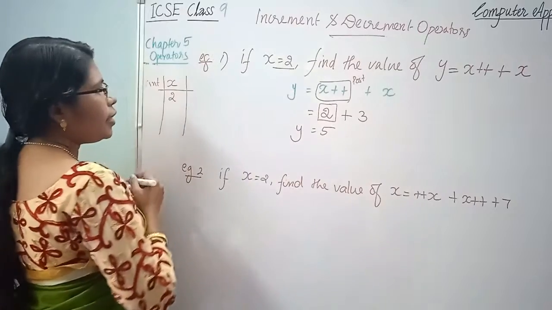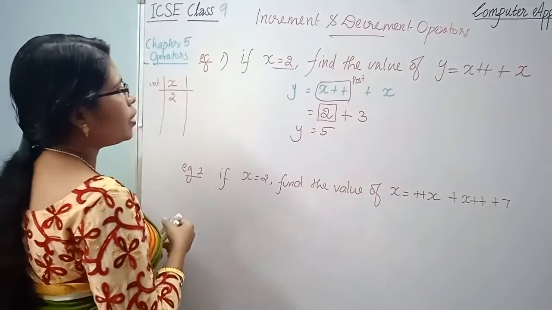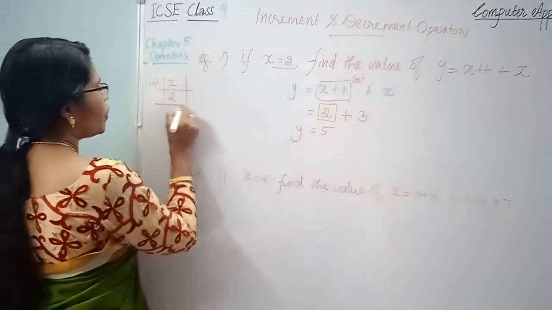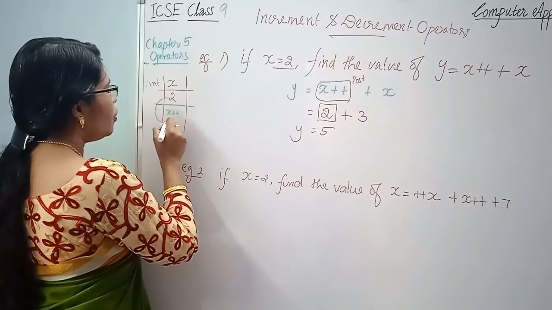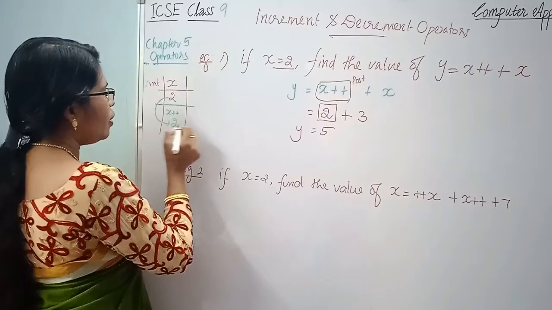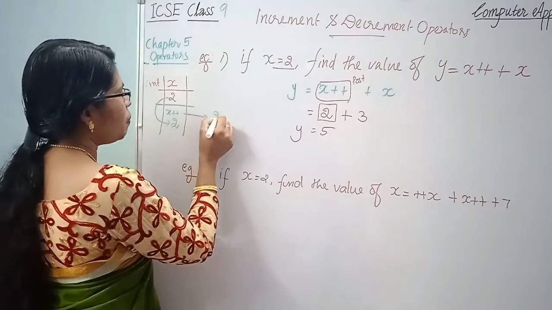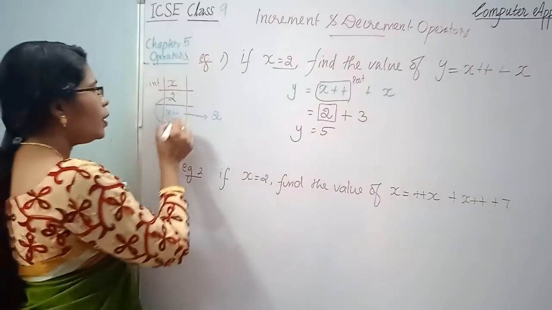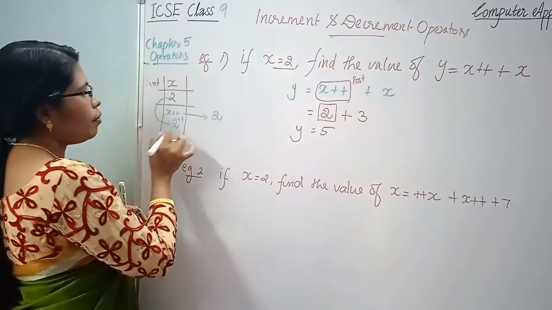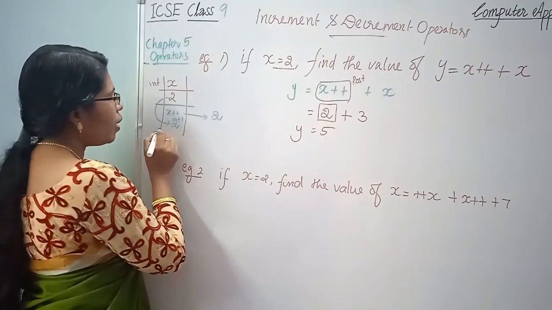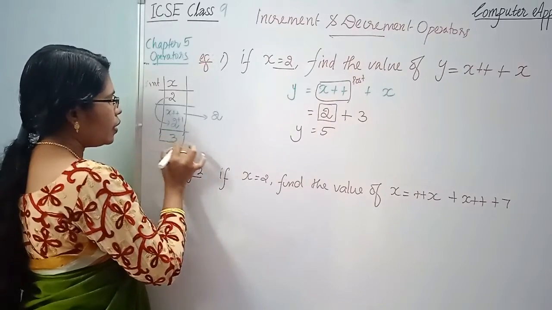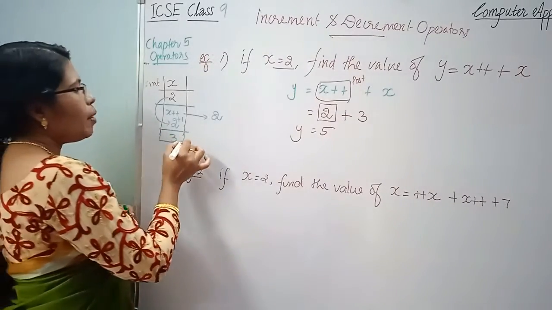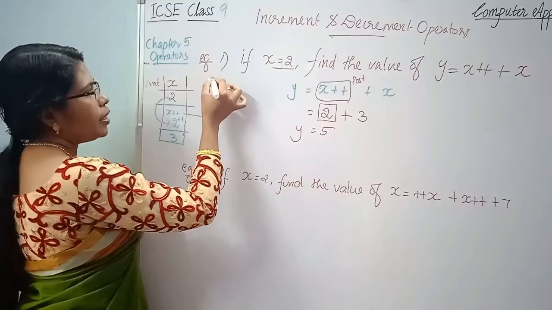In the next statement, we are using the post increment operator. x plus plus means it will use the value first, then it will increase in the memory. So what is the updated value of x? x equal to 3. This is the memory updation.